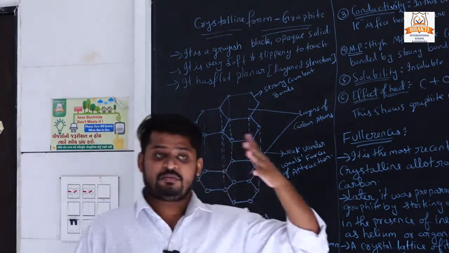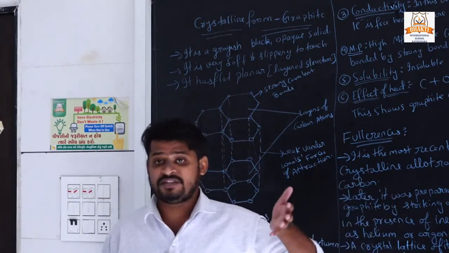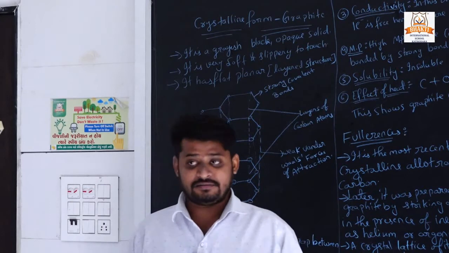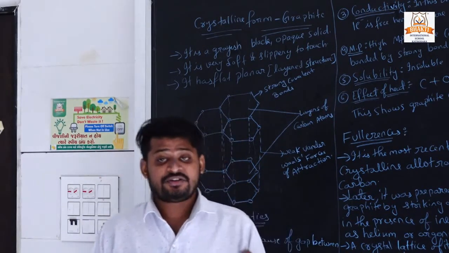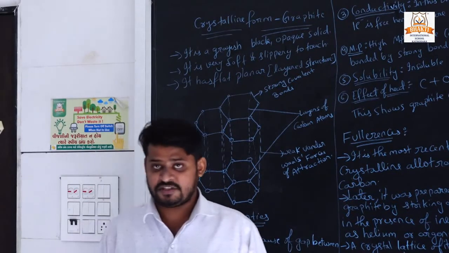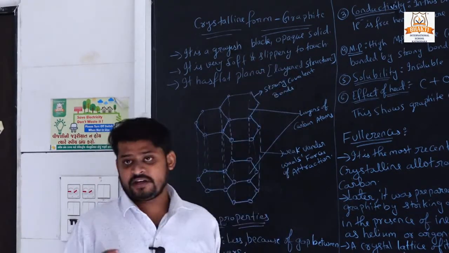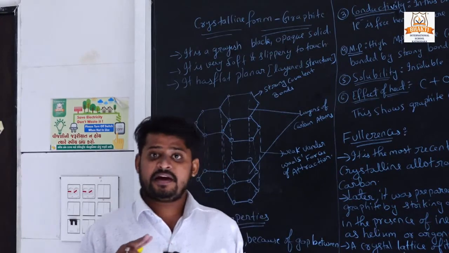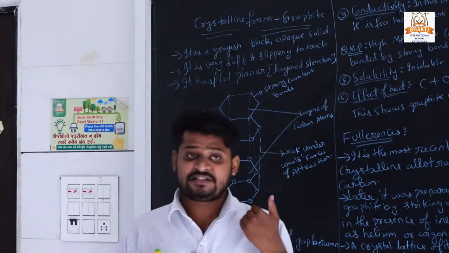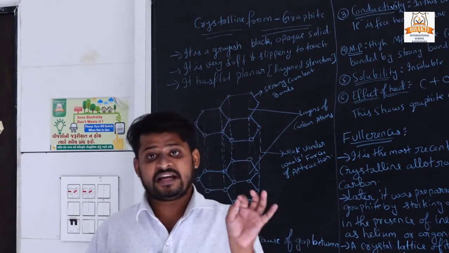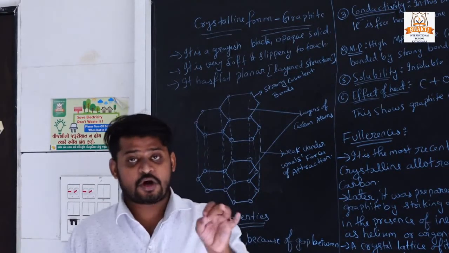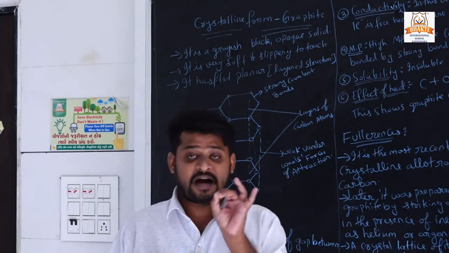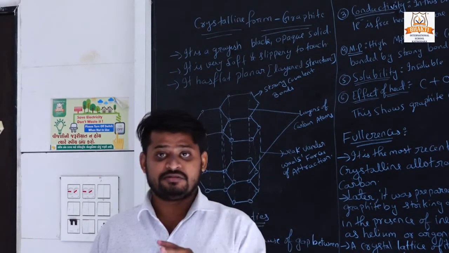In our earlier classes we studied that there are three types of objects: transparent, translucent and opaque objects. What is transparent? If light fully passes through the object, that is transparent. If light doesn't pass, then it is opaque, and if light partially passes through the object, that is translucent.